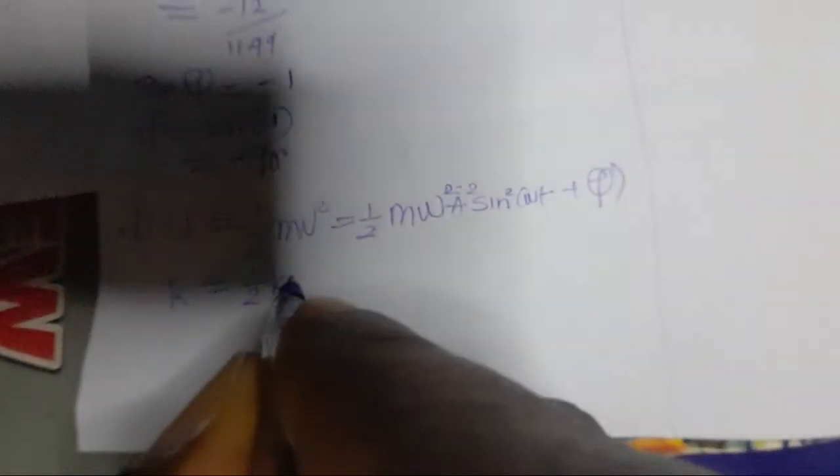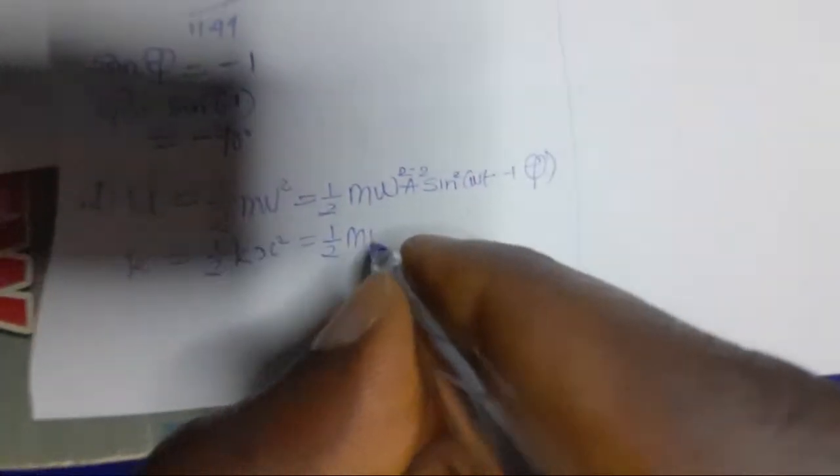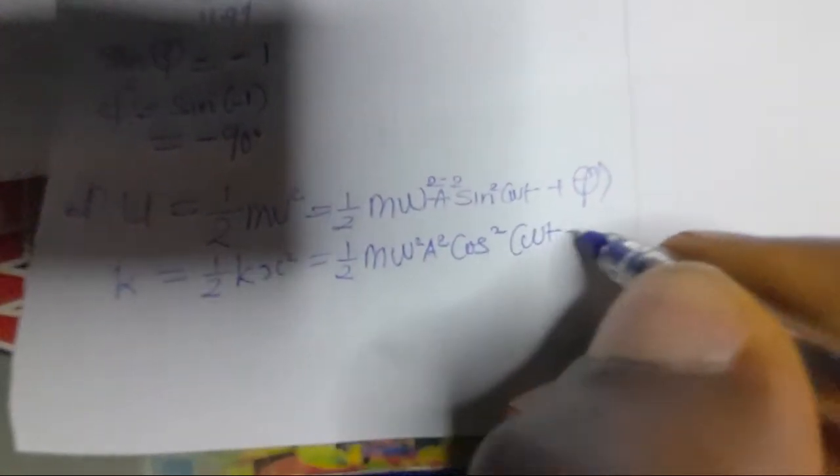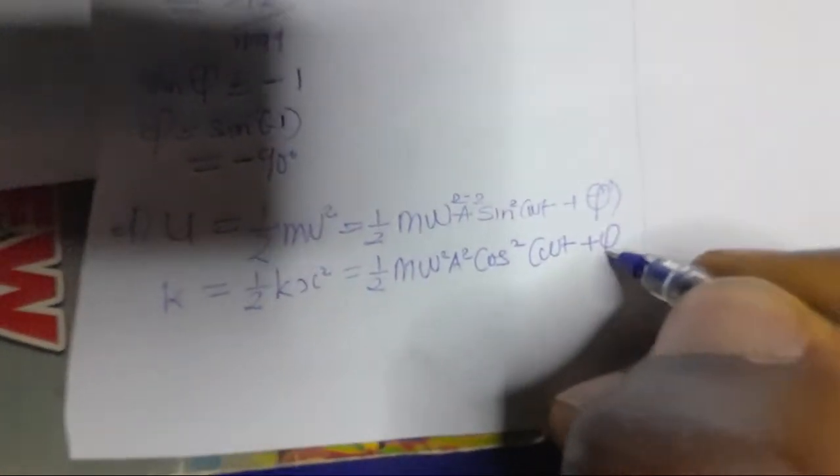Then for kinetic energy, before we find the total energy, I don't just write the formula and start solving. I want us to have background knowledge of where it's coming from, so that we know what we are doing. Cos squared omega t plus this. So okay, this is it.